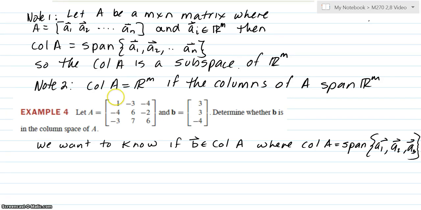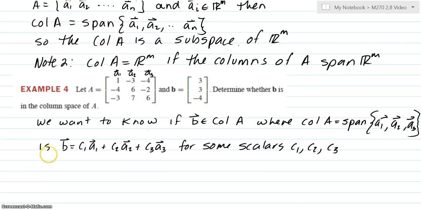And by the way, A1, A2, and A3 are the columns of matrix A. Okay, so in other words, we want to know, is B a linear combination of A1, A2, and A3? So let me write that. Is B equal to some C1A1 plus C2A2 plus C3A3 for some scalars C1, C2, and C3?